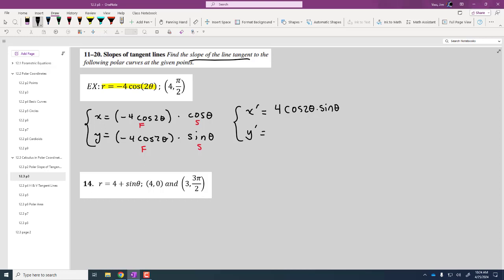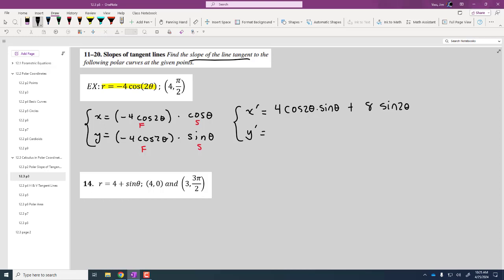So first derivative second plus derivative of first. Derivative of first is going to be, we're going to have to take the derivative of cosine, which is negative sine of 2 theta, times 2. So negative sine of 2 theta times 2 will have a negative and a negative. So those will turn into a positive, and then 2 times 4 is 8.